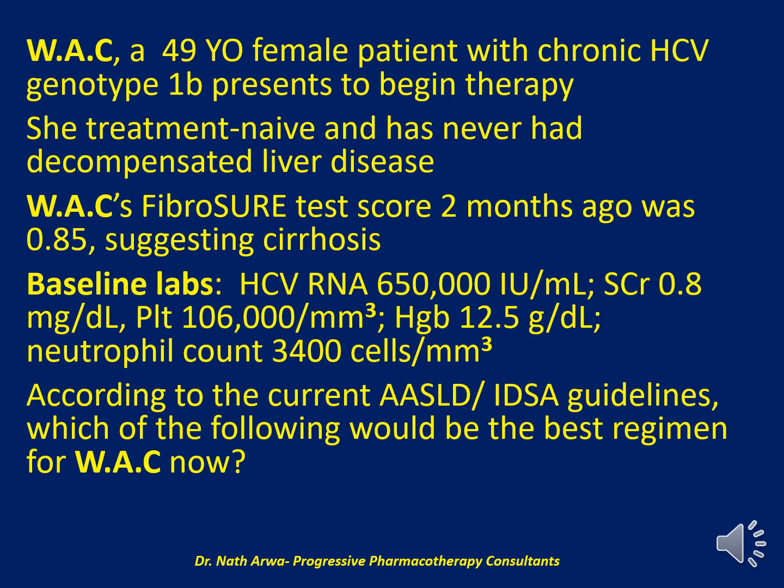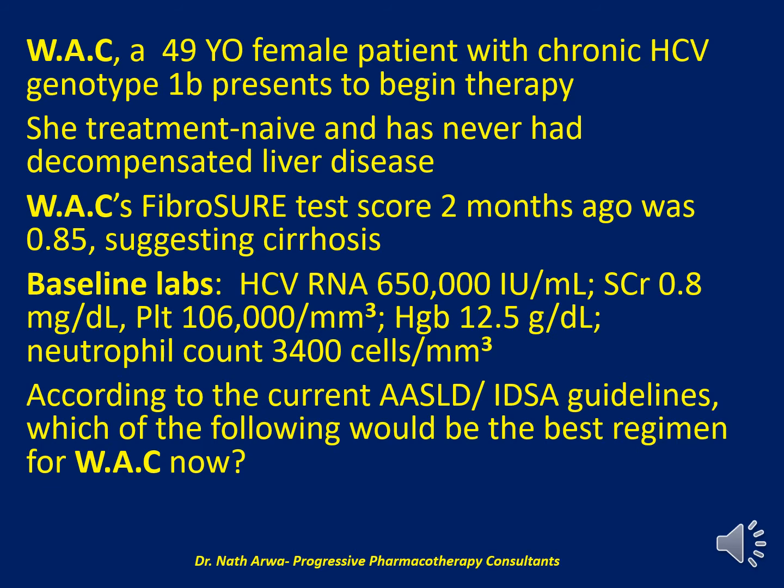And the next question reads, WAC, a 49-year-old female patient with chronic HCV genotype 1B, presents to begin therapy. She is treatment naive and has never had decompensated liver disease. WAC's FibroSure test score 2 months ago was 0.85, suggesting cirrhosis.